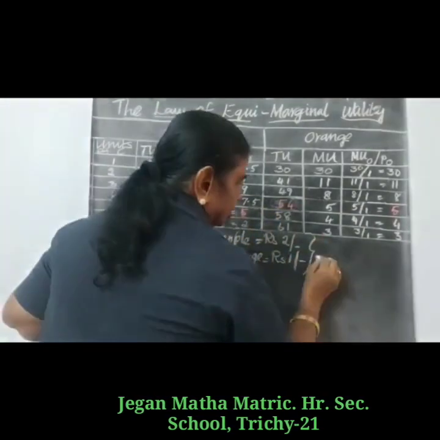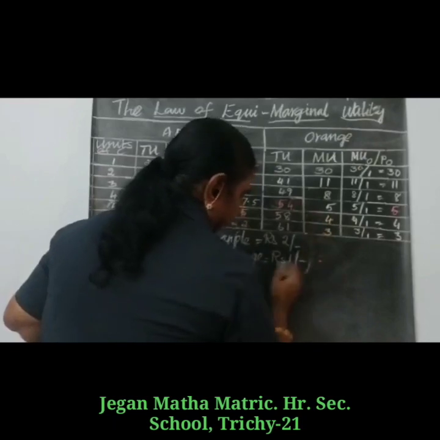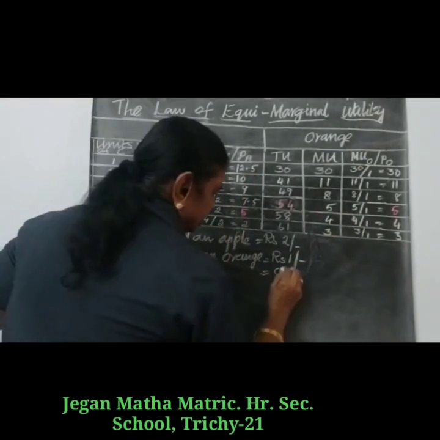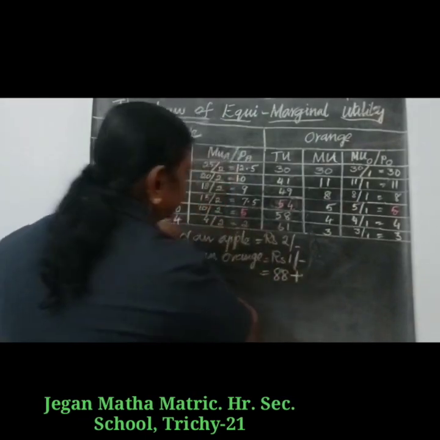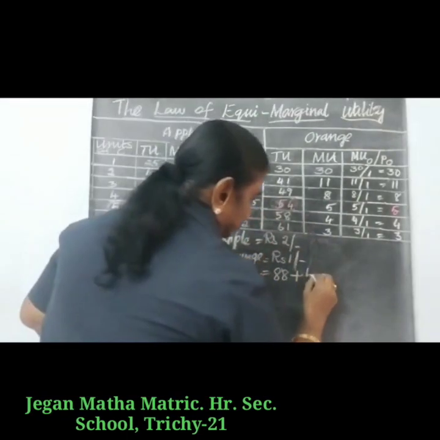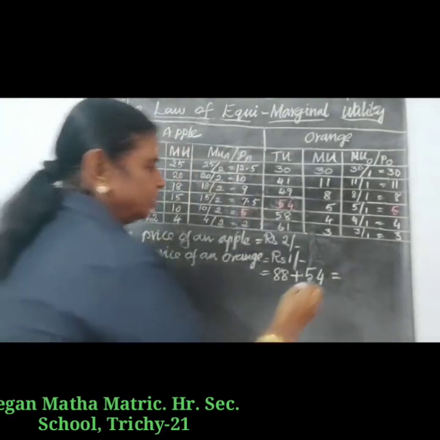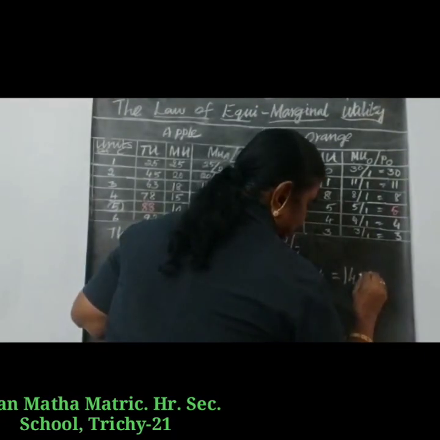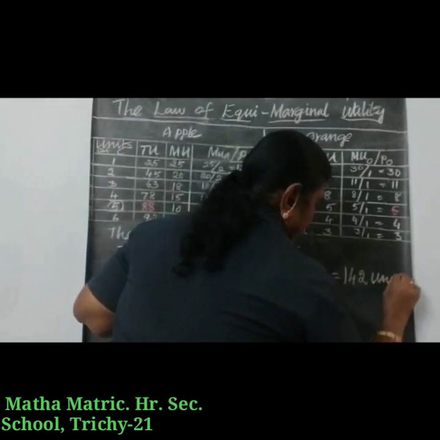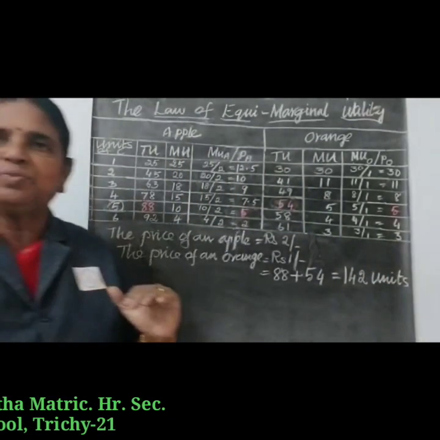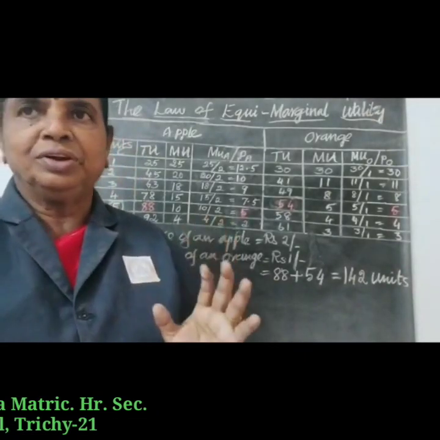So 5 units of apple, 88, plus 4 units of orange, 54, he attains maximum utility of 142 units.